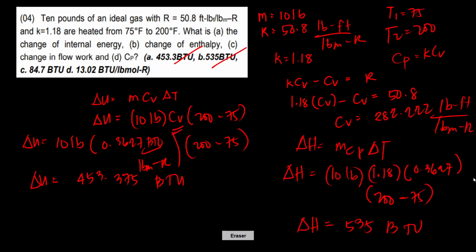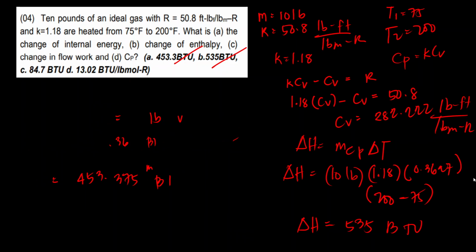Okay. Another formula for enthalpy, wait lang. Let's just erase this one. Okay. Another formula for enthalpy is the summation of delta U plus delta flow work.